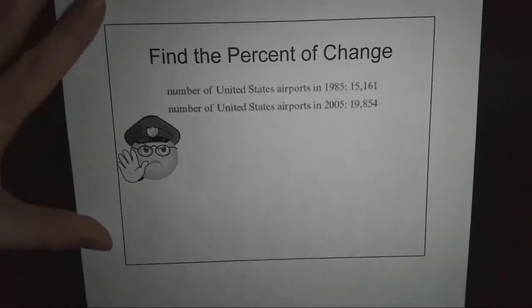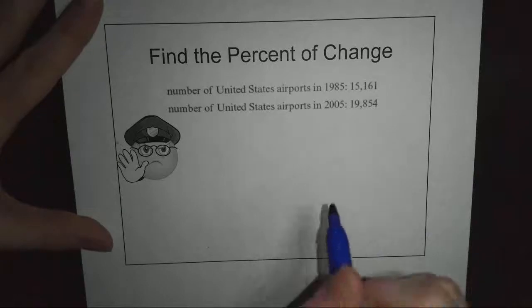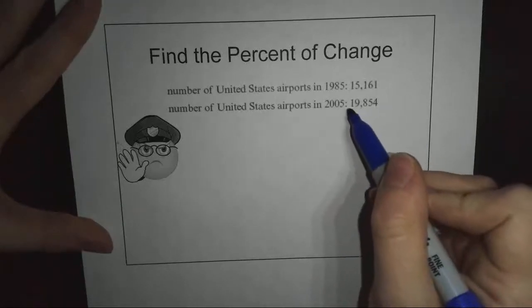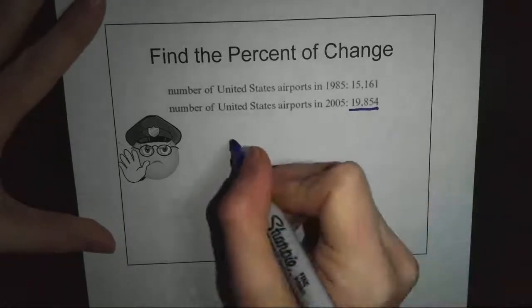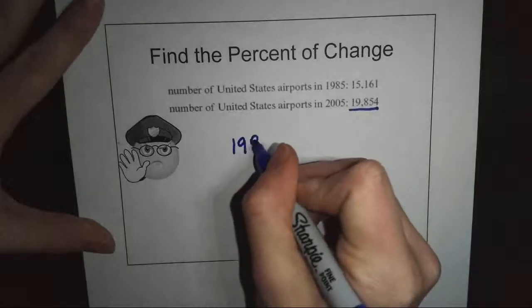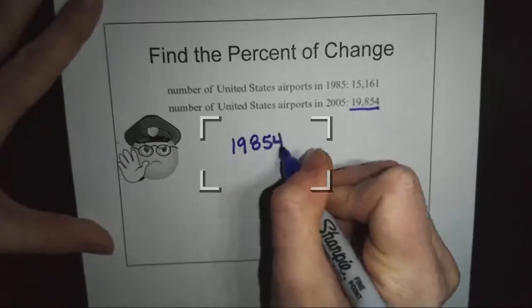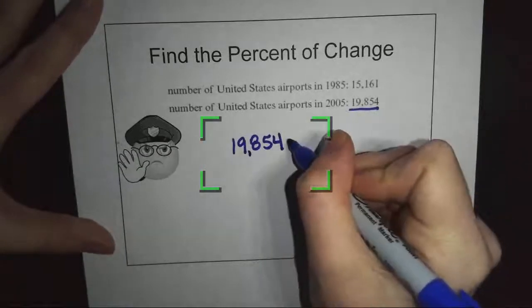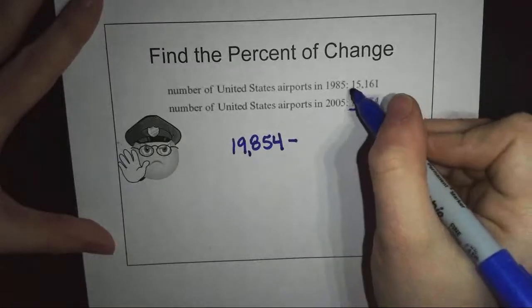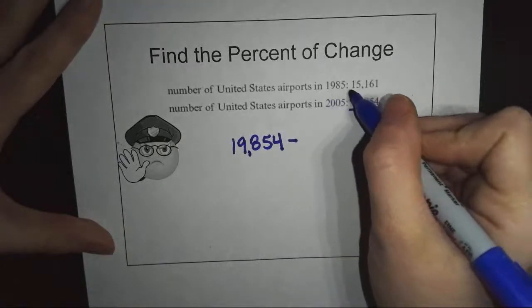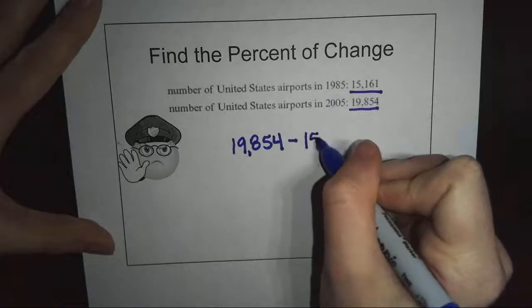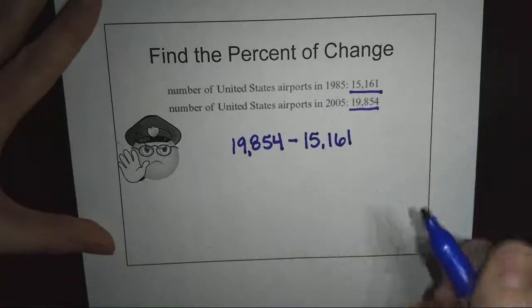So what we want to do is find the difference in the numbers of airports. I'm going to take the final number of airports, which is 19,854, because it happened later, and I'm going to subtract the original number of airports. My original in this case is the earliest one, in 1985, 15,161.